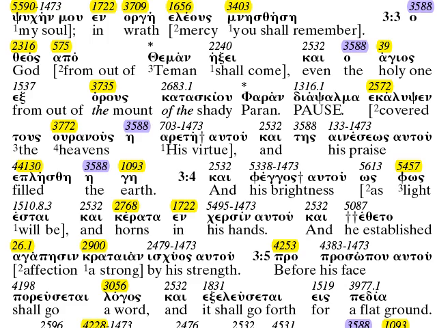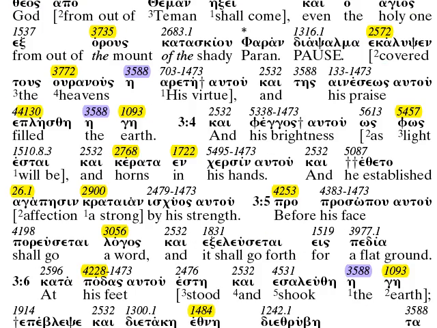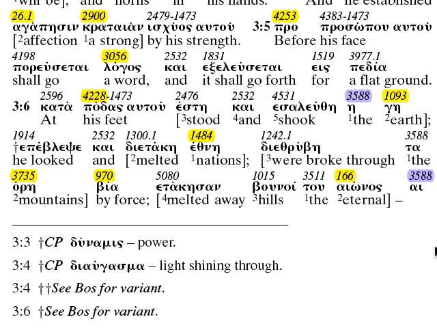3:5. It continues, prosopou autou poreusetai logos, ke exeleusetai eis pedila. Before his face, pro is a prefix for something before. Before his face shall go a word, a logos. There's also rhema as a word, other words for word.